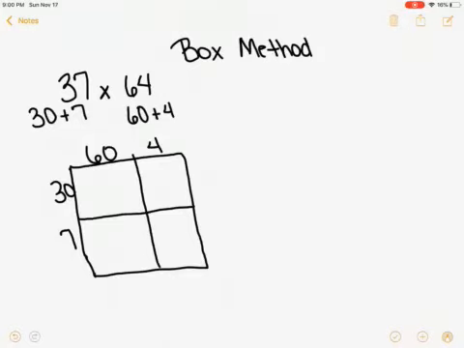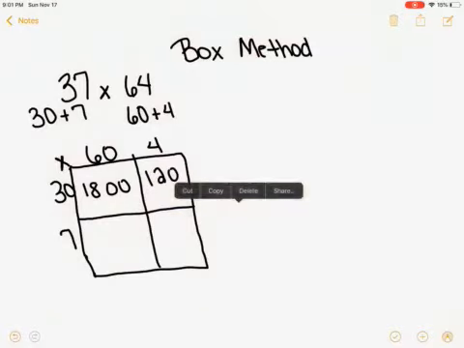So now we want to multiply these factors and write our answers in each box. So 6 times 3 is 18. And then we add our 2 zeros. 30 times 4 is 120, because 4 times 3 is 12.